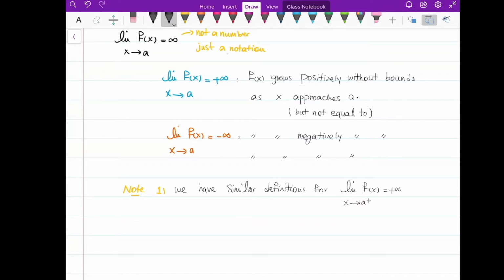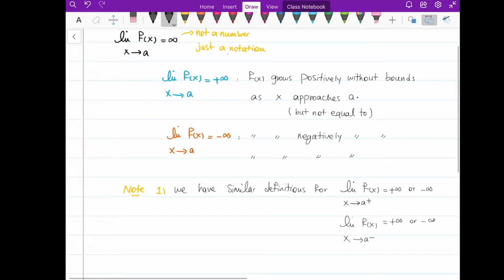It could be equal to positive infinity or negative infinity, or the limit of f of x as x goes to a from the left, which could also be positive infinity or negative infinity. It means that the function is growing positively as x approaches a from the left, or in this situation f grows positively without any bounds as x approaches a from the right.